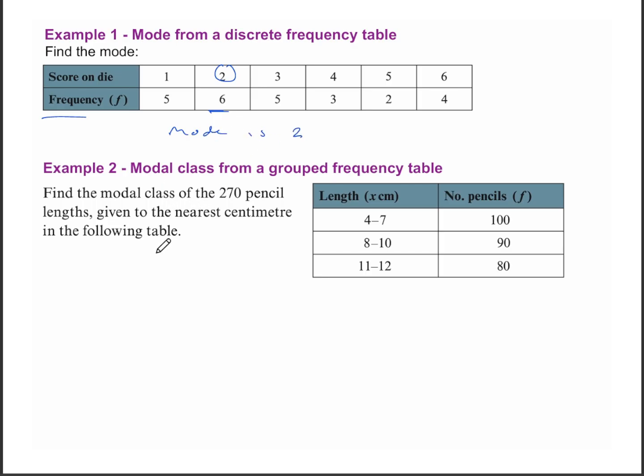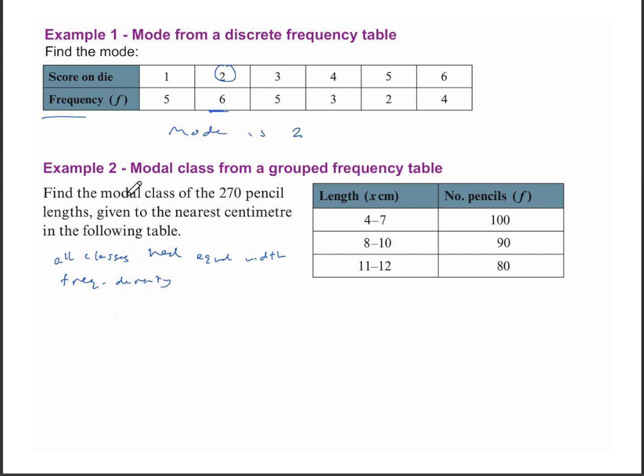Next, when you're told to find the modal class, in IGCSE, we just saw which class had the highest frequency. But remember, in IGCSE, all classes had equal width. Now we are looking at classes which have different widths. And remember, to standardize those classes, we use what we call the frequency density.